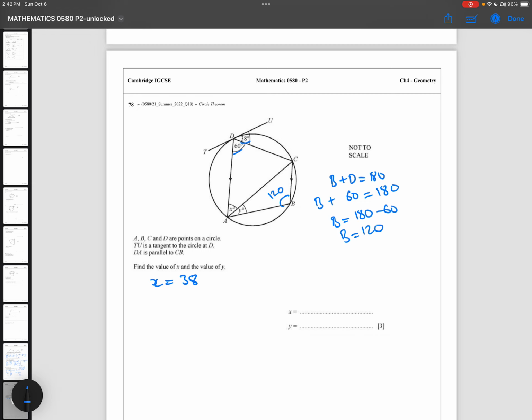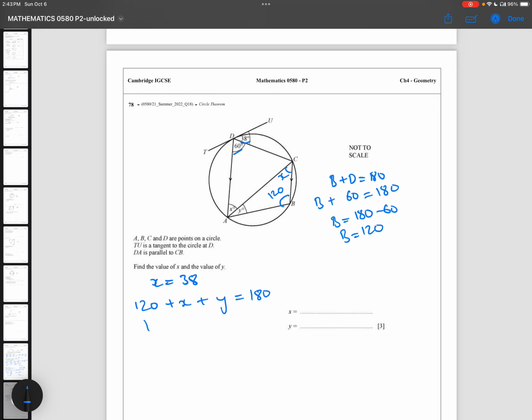Now line BC and line AD are parallel to each other, and this line AC is a transversal. So I can see that this angle will also be equal to X because they are alternate angles. And now in triangle ABC, if I add these values, 120 plus X plus Y, this will be equal to 180.